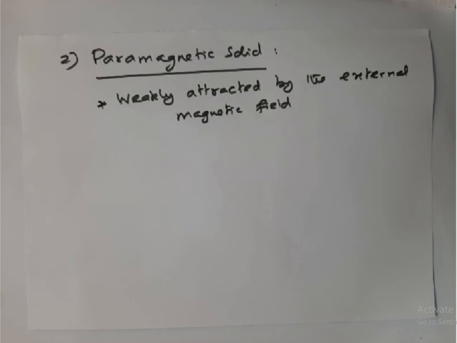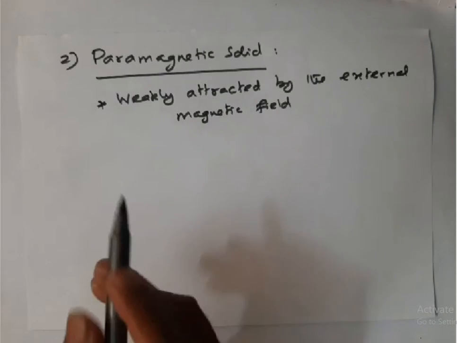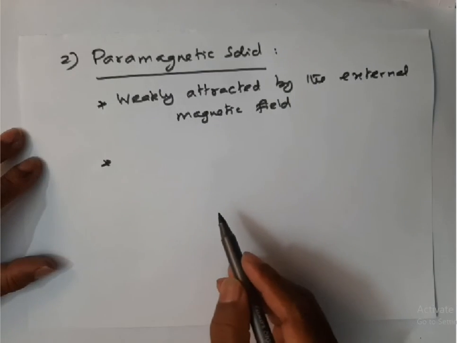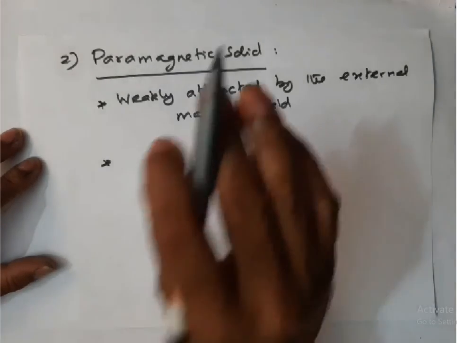It is weakly attracted. Diamagnetic material is weakly repelled, whereas paramagnetic materials are weakly attracted by the magnetic field. And these materials are magnetized in the same direction as the magnetic field.